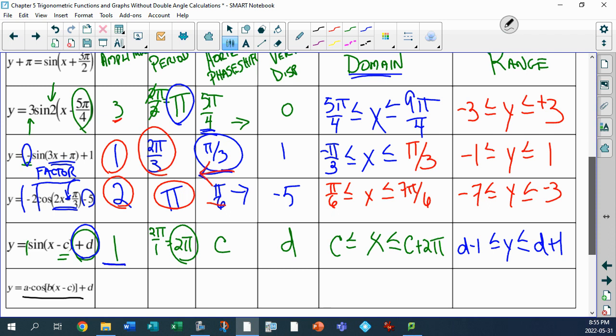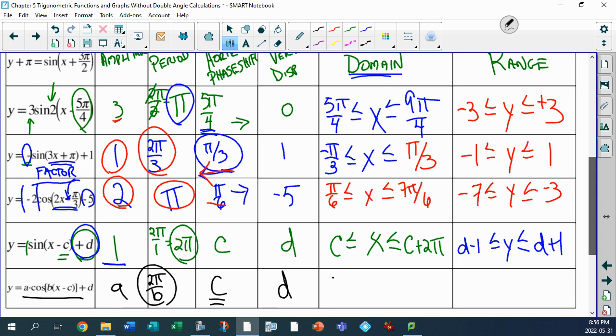Your amplitude is A. Your period is going to be 2 pi over the B value, 2 pi over B. Your horizontal phase shift is going to be C, right? Your vertical displacement is going to be D. Now, remember, you start on C, but you add the period.